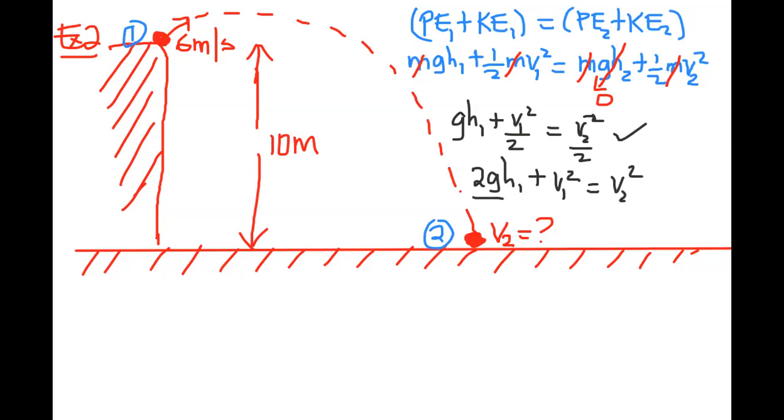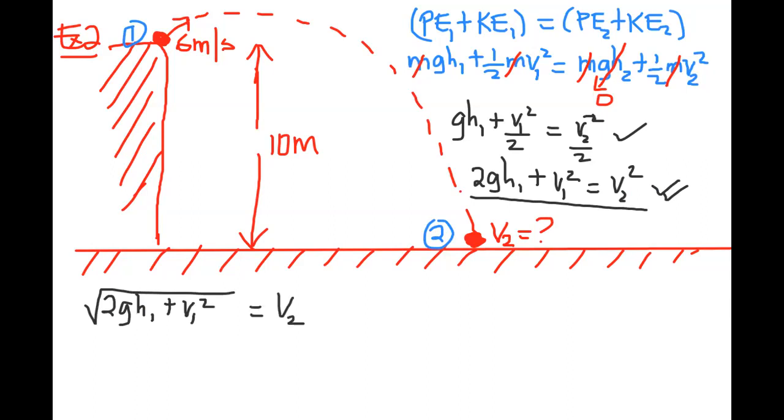So I have changed the formula into this formula. And finally, I'm looking for v2. So I'll take the square root of both sides of this equation. That will give me the square root of 2gh1 plus v1 squared, which will be equal to velocity 2, the striking velocity.